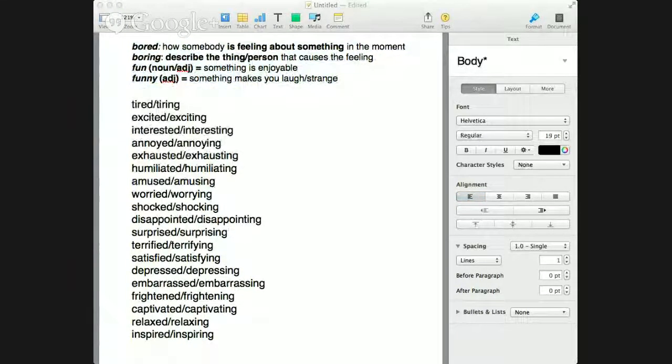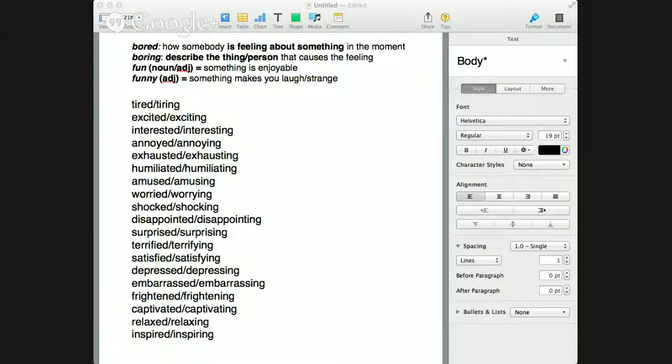All right, so let's use one I just thought of just then, which is inspired or inspiring. Do we all know what that means? Can anyone tell me what it means if something is inspiring? What kind of feeling do you get from that? Can you explain? Yes, I think so.